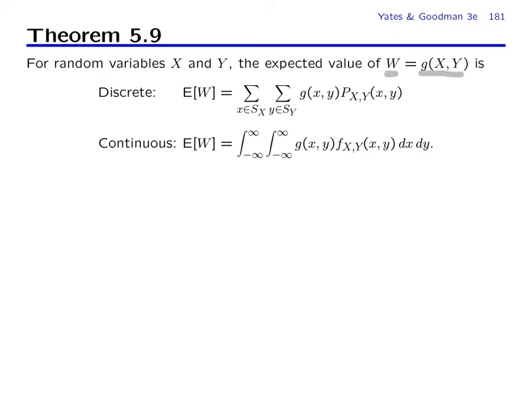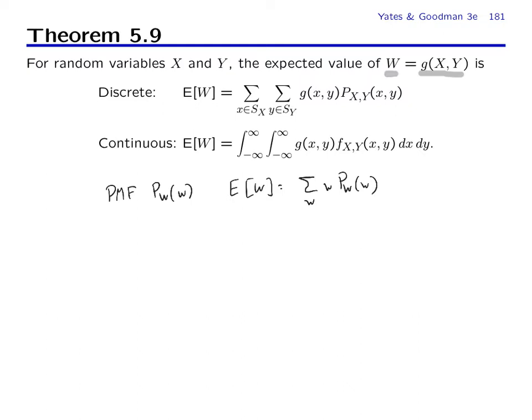And in fact, this is a random variable because we do an experiment and the experiment generates a sample outcome. And from that sample outcome, we know what random variable X is and what random variable Y is. And then we calculate g of that to generate the random variable W. So an experiment has an outcome that yields a W. And so in the discrete case, we have a PMF P_W of w, and we have an expected value, which is the sum over all w, w times P_W of w.